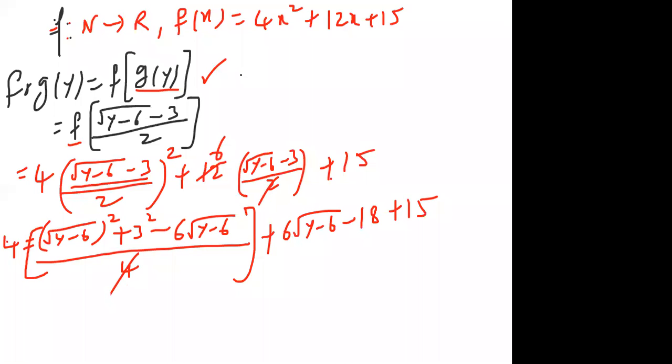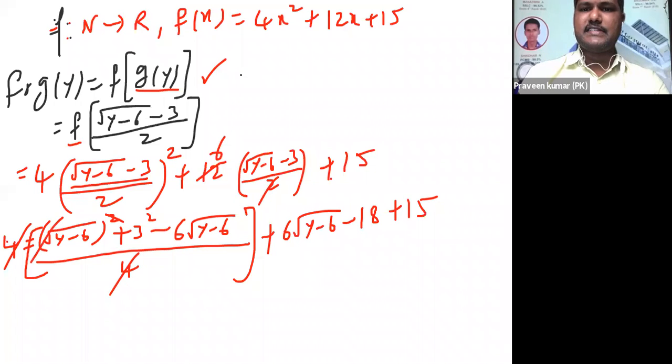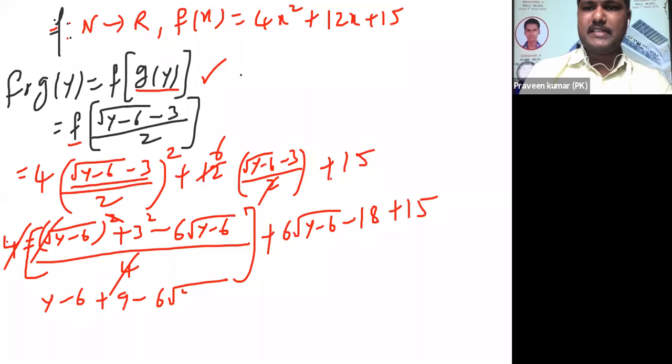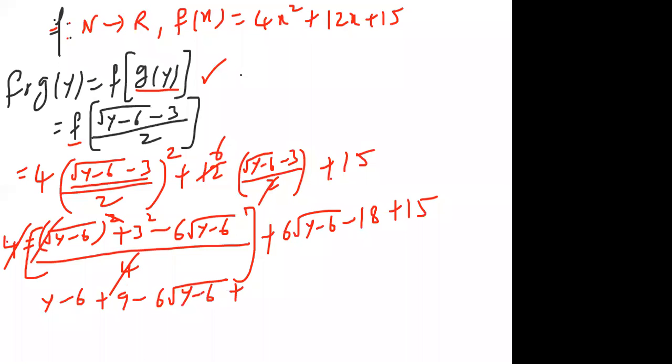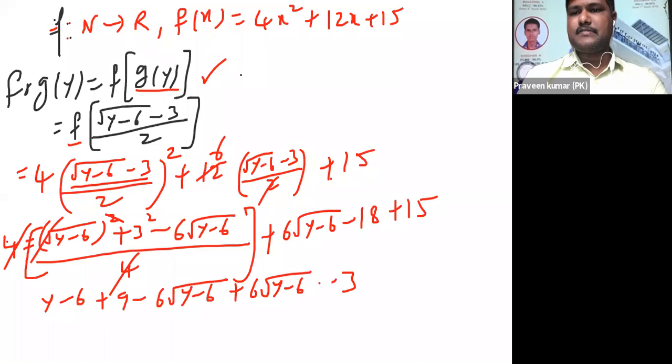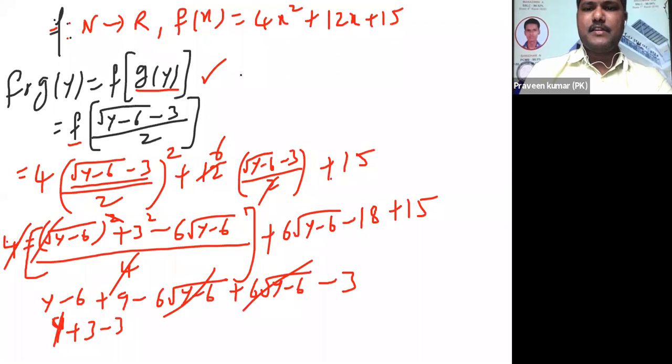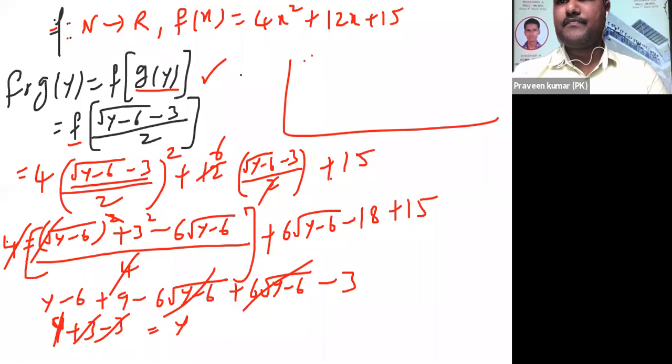Dear students, the 4 gets cancelled. Square root cancel. What is left? Y minus 6 plus 9 minus 6 root y minus 6 plus 6 root y minus 6 minus 18 plus 15, minus 3. Y minus 6 plus 9 means plus 3, minus 3 cancel. What is the answer? Y. Therefore, f circle g of y is Iy.